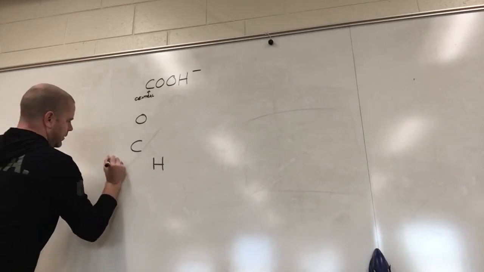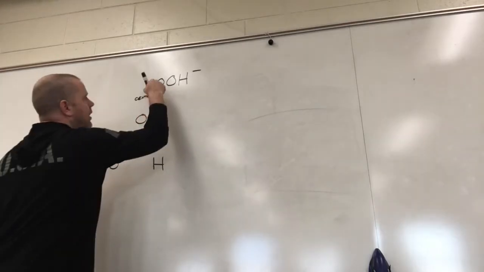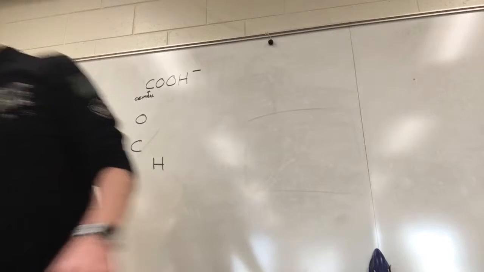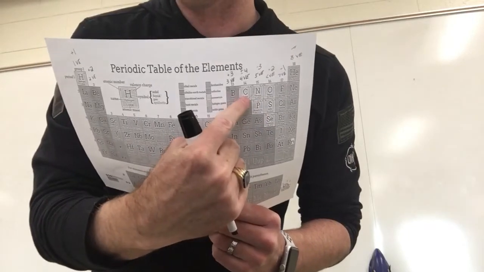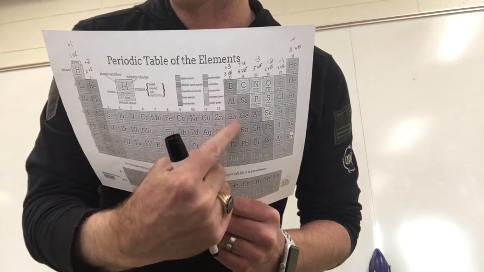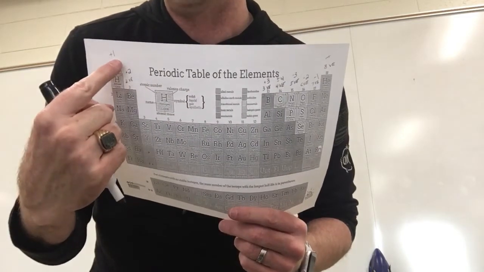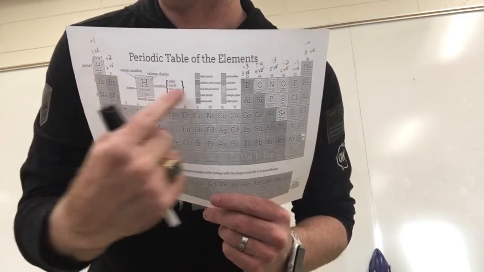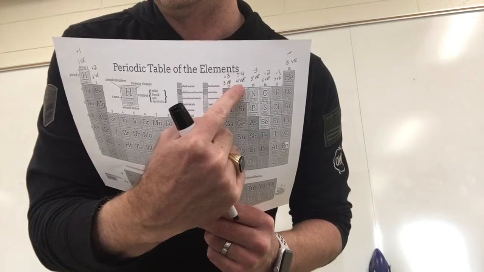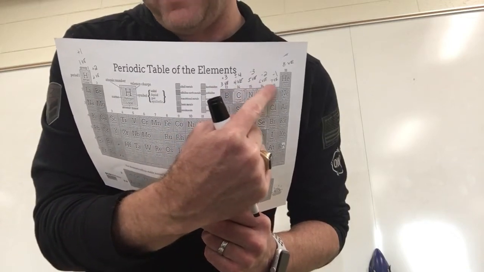I'm going to bring this a little closer. So carbon, we go find carbon on the periodic table. And on the periodic table, carbon is located right here. And all the elements that are right here have 4 valence electrons. Remember, it goes 1 valence, 2, we skip across, 3 valence, 4, 5, 6, 7, and 8.